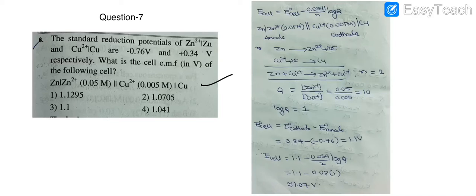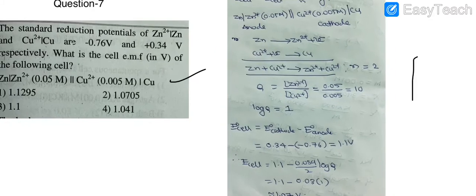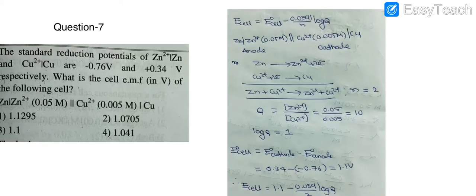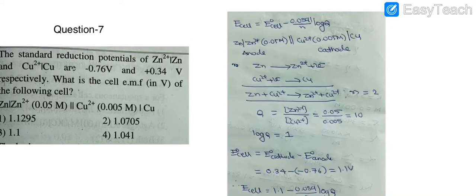The basic formula is E cell equal to E naught cell minus 0.059 by n log Q. E naught cell we can find, as it is related to electrode potentials, E cathode minus E anode.